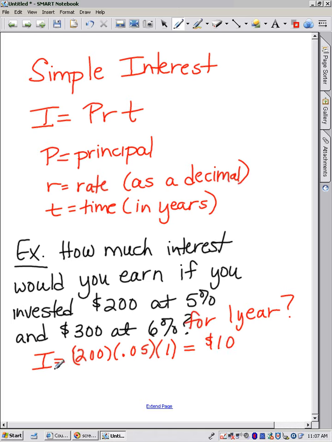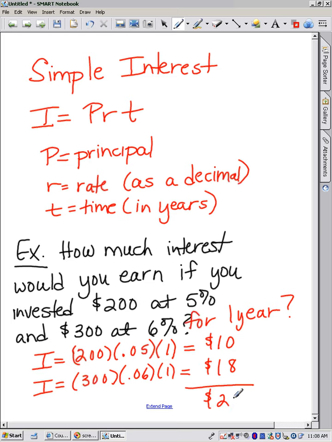And then from the other account, interest is equal to 300 times 6%, which is 0.06, times again 1 year. So we'd multiply 300 times 0.06 to get $18. So the total interest we would earn from those two accounts would be $28. Not a whole lot of money, huh?